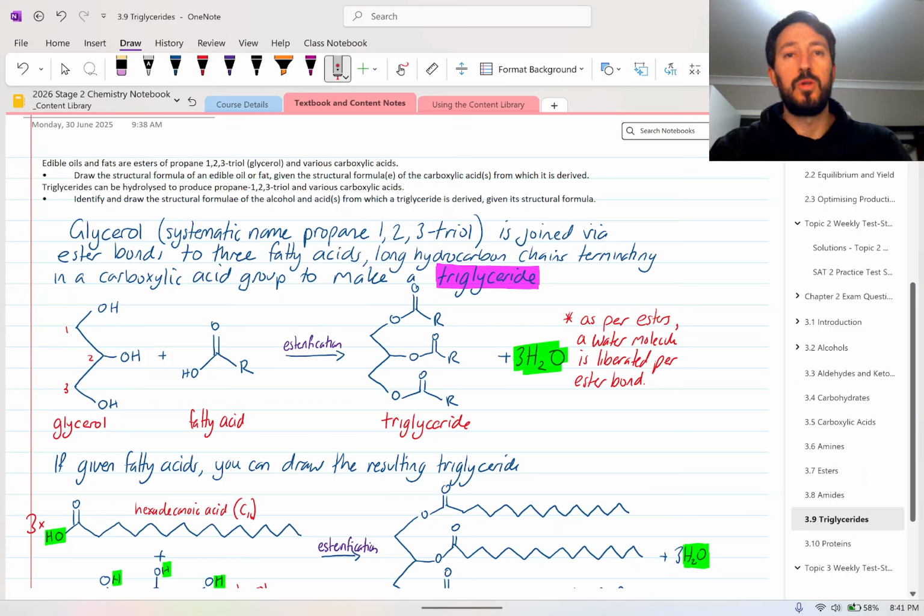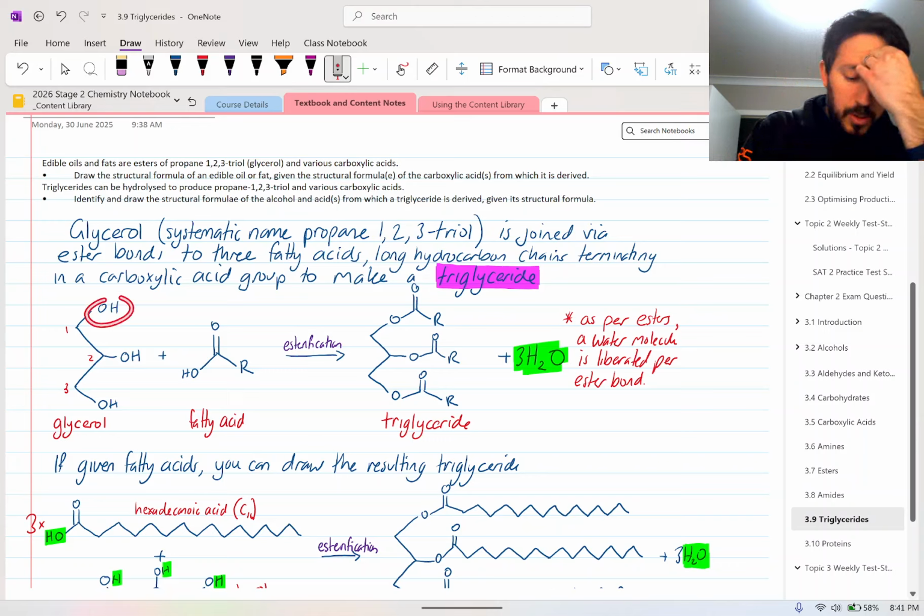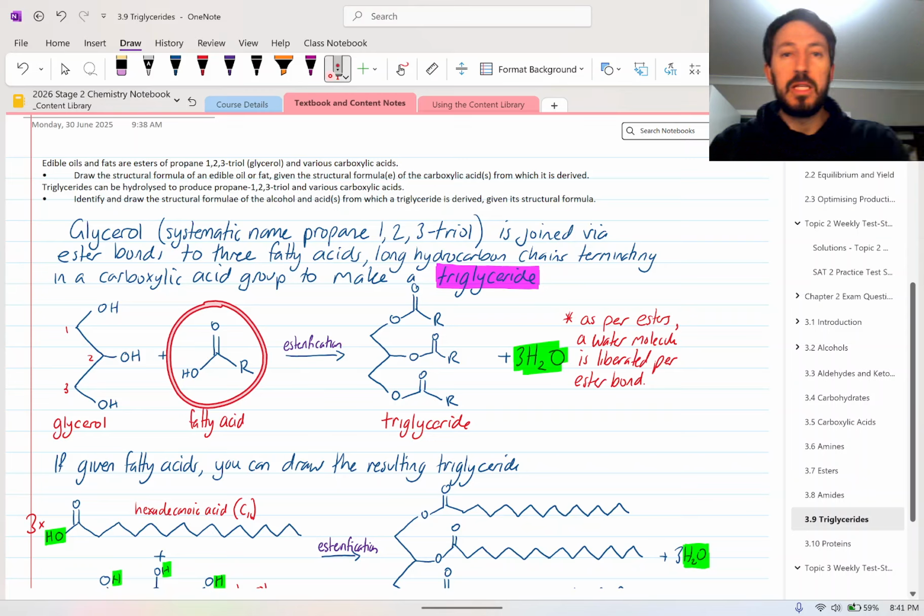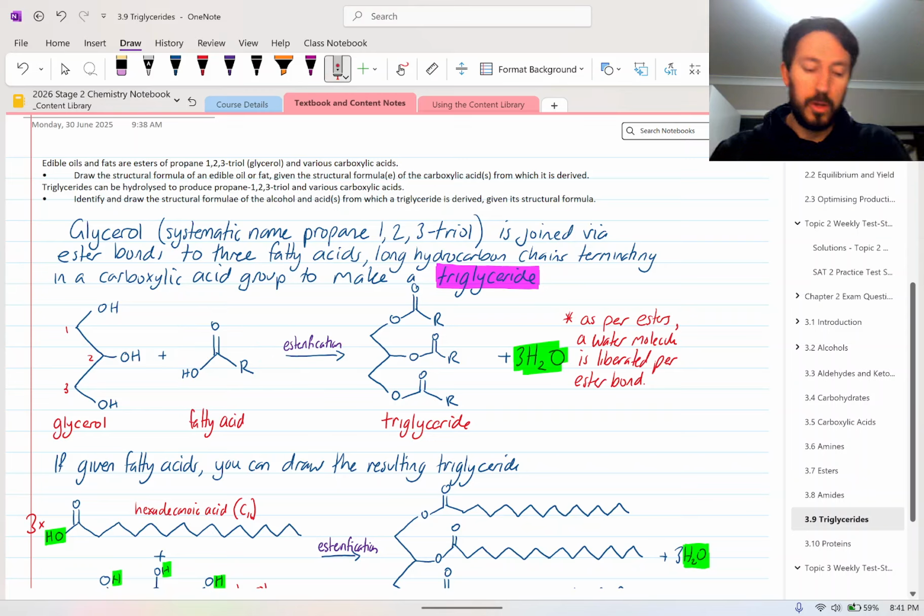It's often drawn in this orientation, up and down, with the OHs all coming off one side. It's usually done this way because the fatty acids they commonly join to are often long molecules, and if they were oriented up and down, it would take up lots of vertical space on a page, whereas if it's left and right, it just takes up the line that you're writing on.